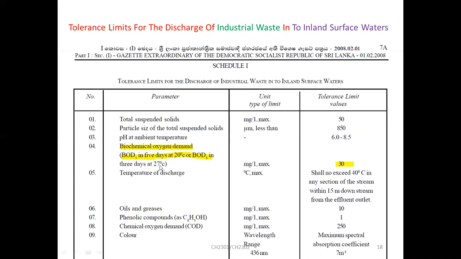Therefore, at 27 Celsius, BOD is taken only for three days. The time period is 3 days. But for the low temperature, 20 Celsius, BOD is taken for 5 days, a longer period.